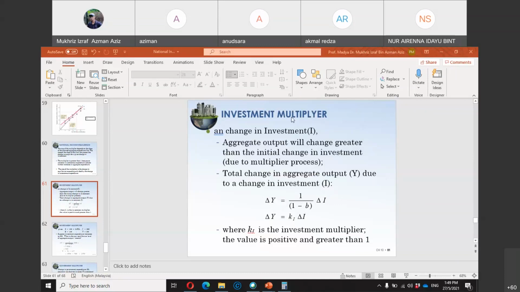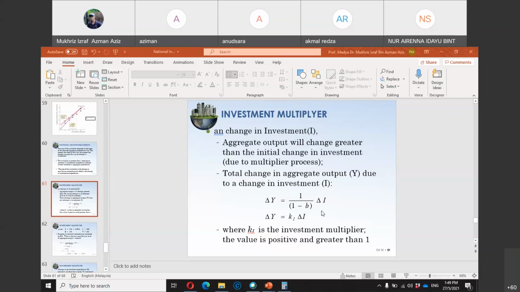The change in investment will be 100 million, times a certain value. The product of this multiplier and 100 million will be more than 100 million, meaning our GDP will change by more than 100 million. That is the idea of the multiplier.